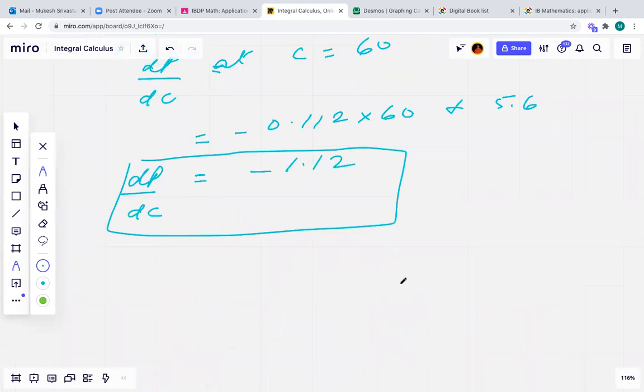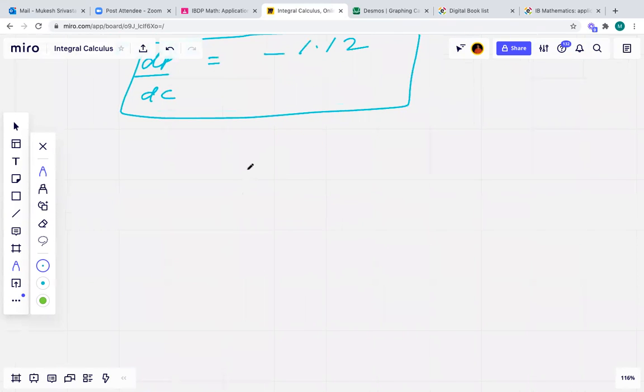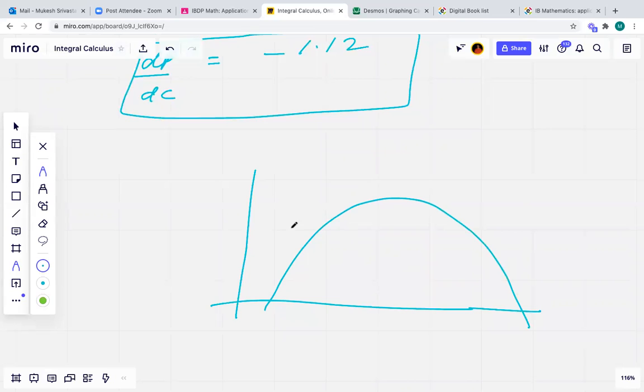Look at it like this. This is my profit curve. At C equal to 20, my profit is increasing because my gradient is positive.